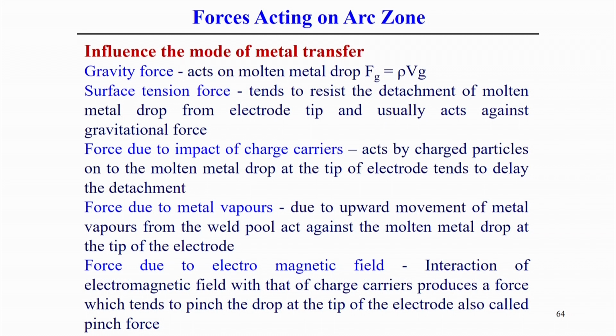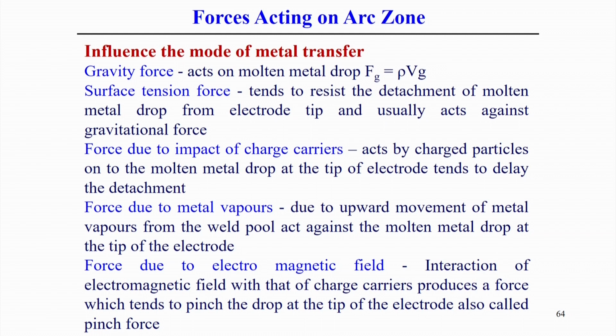First is the gravity force. Gravity force acts on the molten metal drop, and that can be estimated from the density and volume of the drop and the acceleration due to gravity. So, gravity is one kind of force that influences the metal transfer.